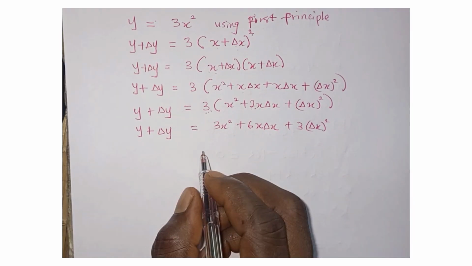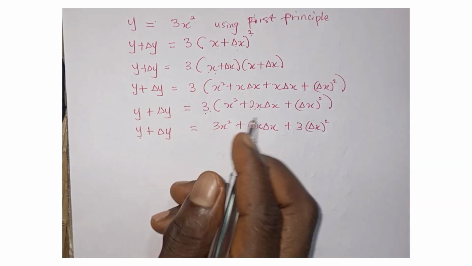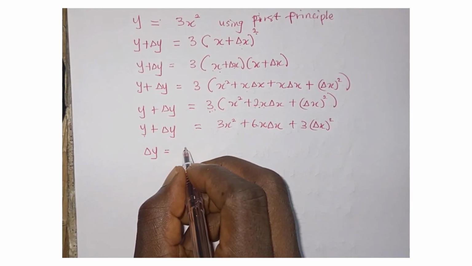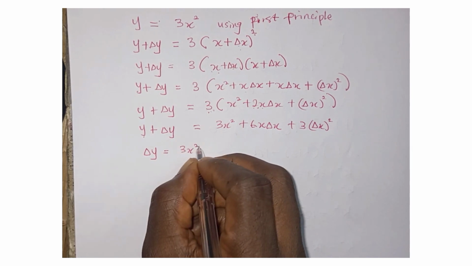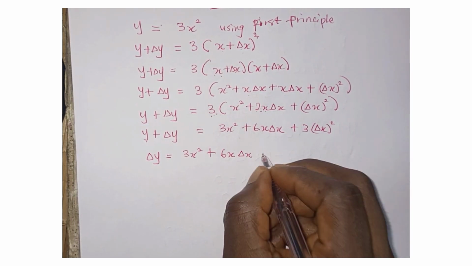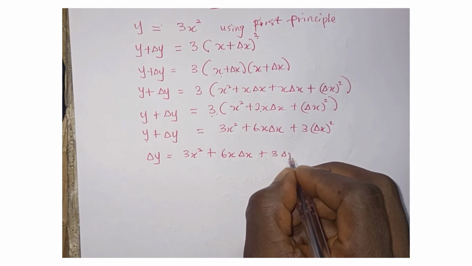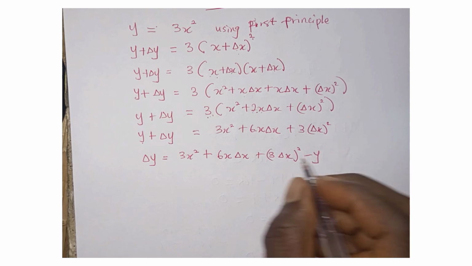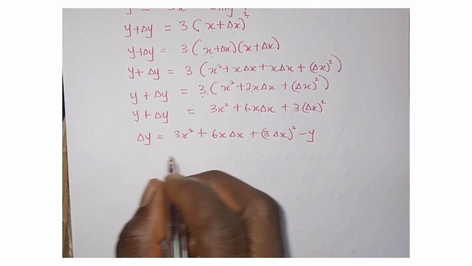Then from here, this y will cross to the other side. So change in y will now be equal to 3x squared plus 6x change in x plus 3 change in x all squared minus y. If the y crosses the sign of equality, it becomes minus.